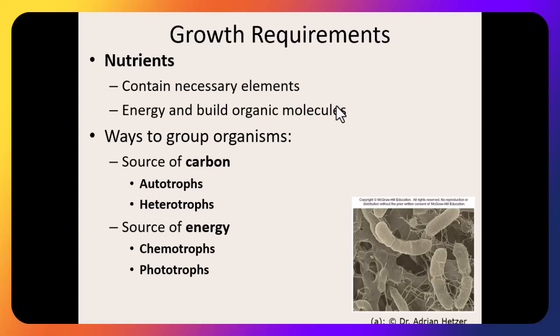Now, the 4 basic elements that microbes need for survival are carbon, hydrogen, oxygen, and nitrogen, spelled CHON, which is not a real word. All bacteria need some amount of these different elements, and then they need some type of energy to put them together to grow. Organisms can't grow without some type of energy source.